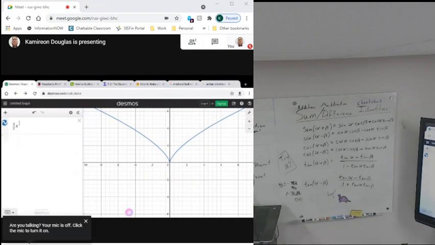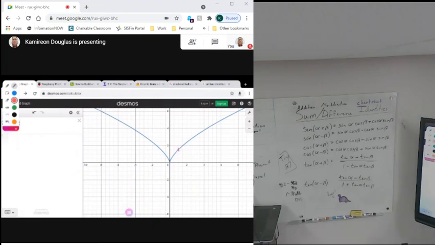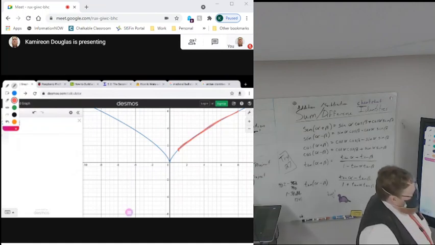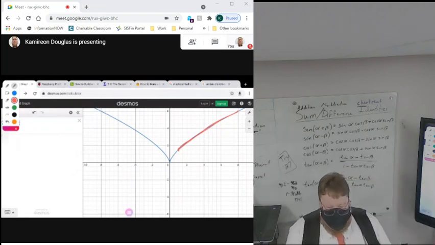Okay, we're investigating the length of the curve specifically from 1 to 8. So from 1 right here to 8 right there, we're seeing how long this length is. Ready? So same process as before.